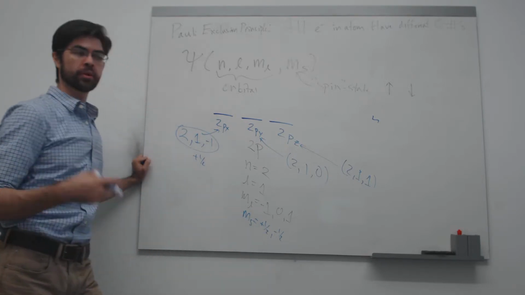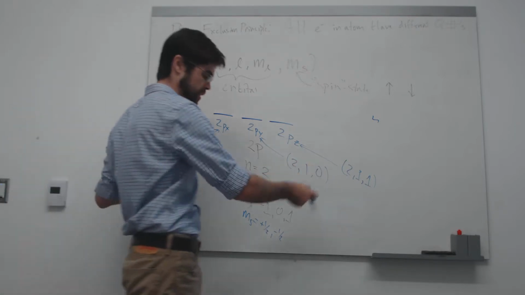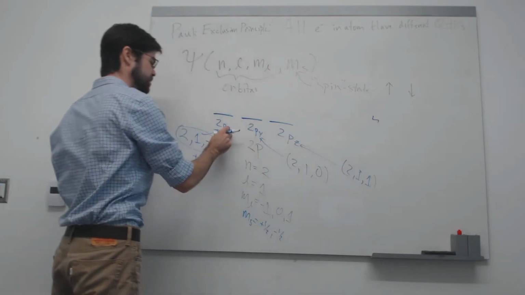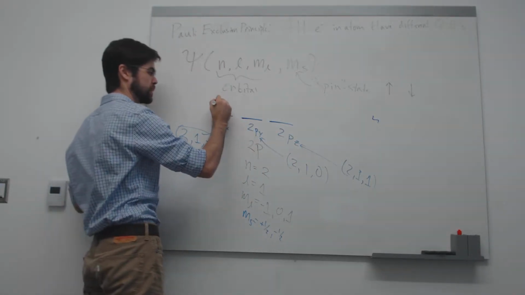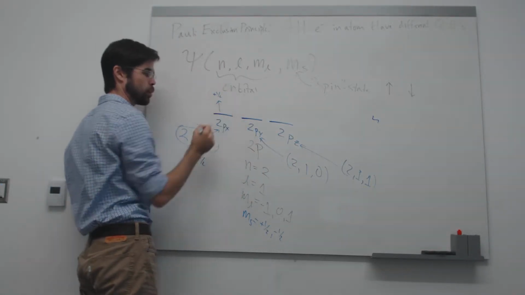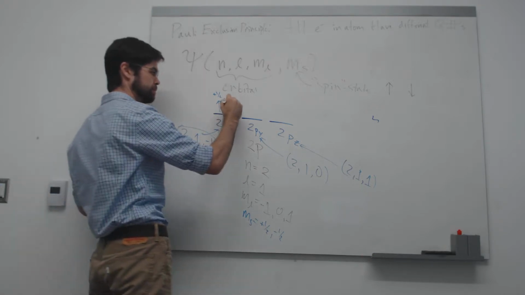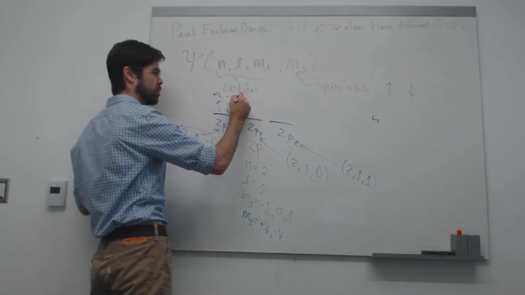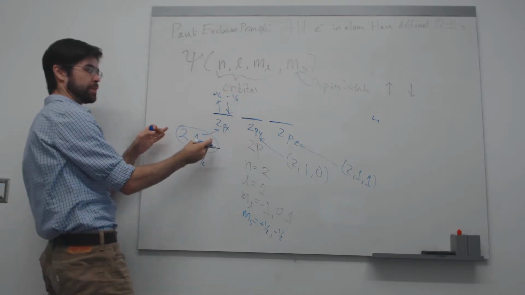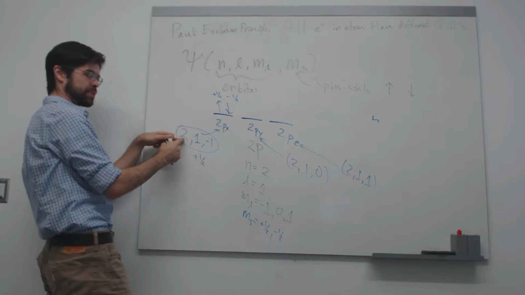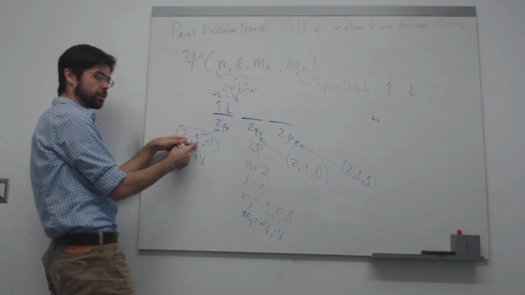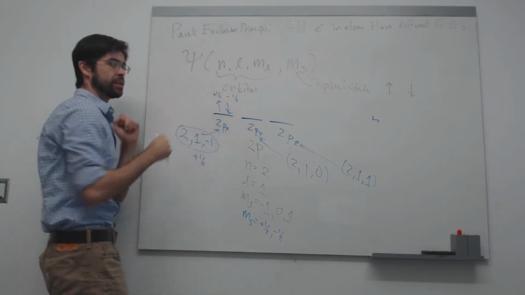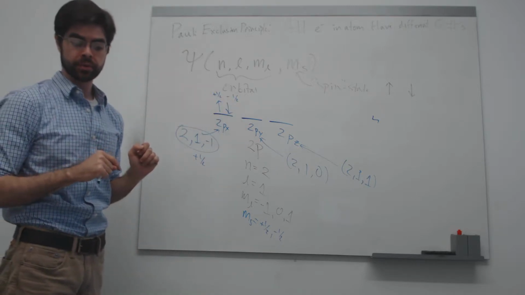The spin quantum number can only have 2 possible values, spin up or spin down. So within this orbital, I can have one that's spin up with a +1/2 quantum number, and one that's spin down with a -1/2 quantum number. So there could be 2 electrons with the same principal quantum number, the same angular quantum number, and the same magnetic quantum number, but they have to have different spin quantum numbers.